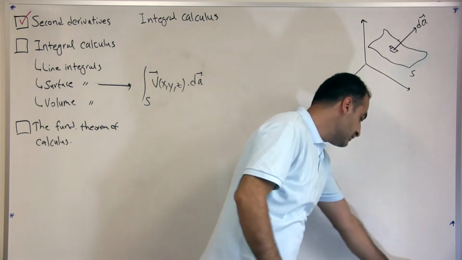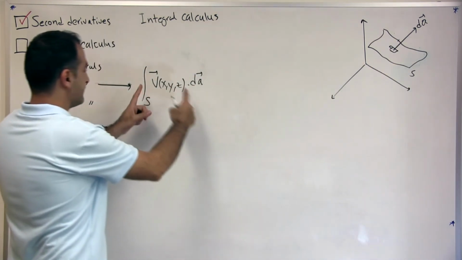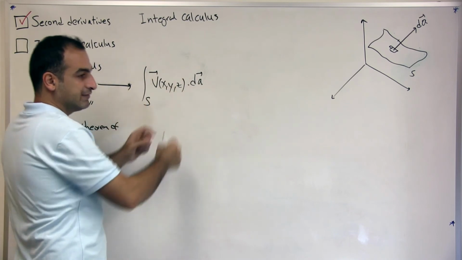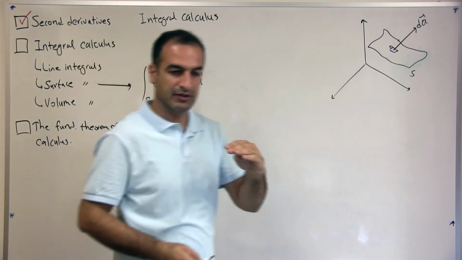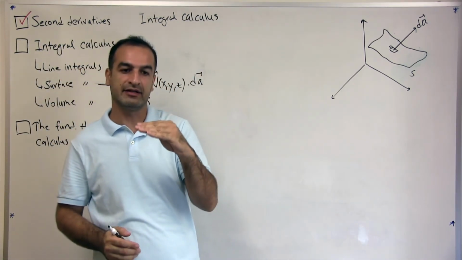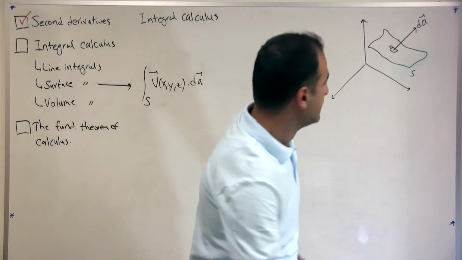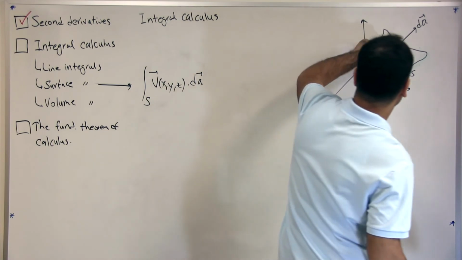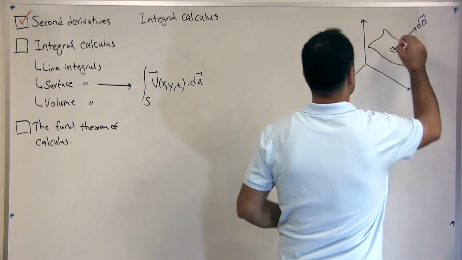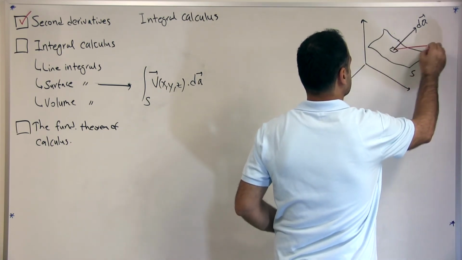Okay, so when you integrate a vector function over a surface, what you're doing is that you're looking at the component of the vector that is perpendicular to the surface area. Okay, so imagine this is dA, okay, and then imagine V is like this.